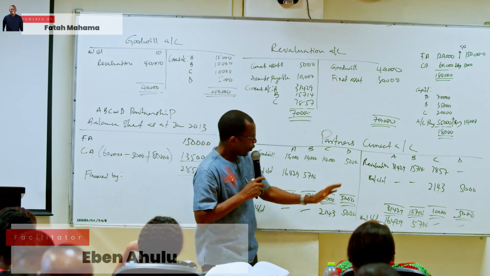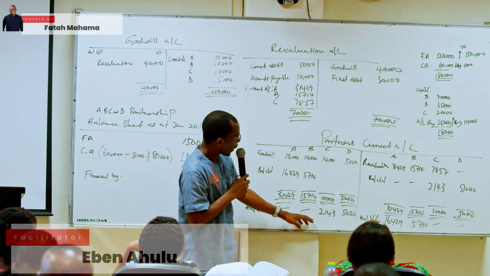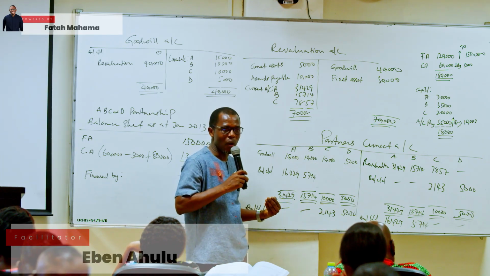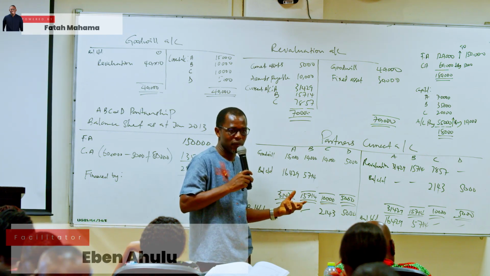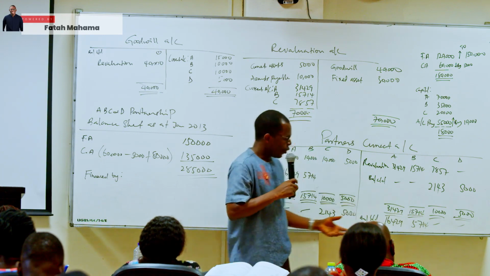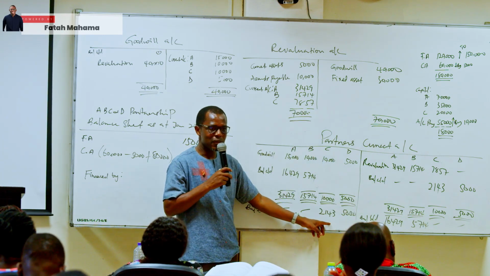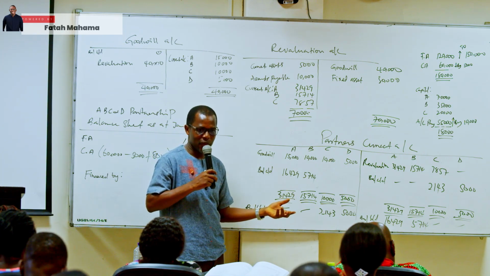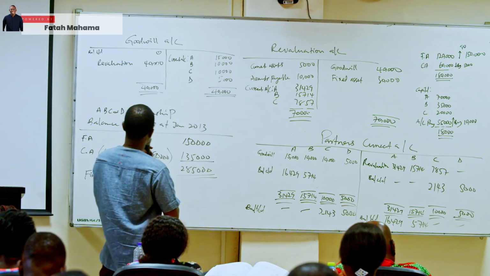Agreed? For the current account that has a debit balance, we said debit balances are what? Assets. And credit balances are what? Liability. So the debit balances here are assets.